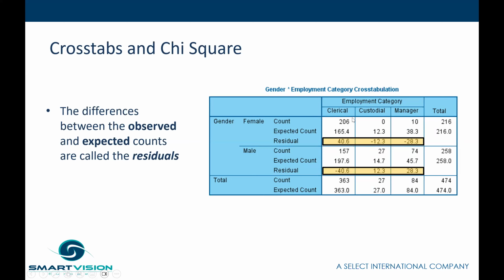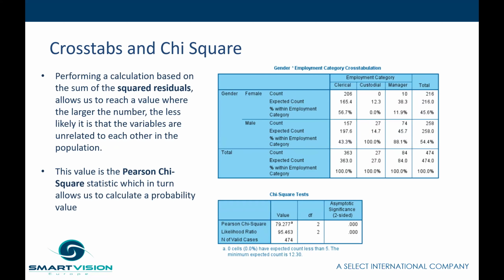So that's no good. What statisticians do is square the residuals. A value of -3 squared is 9. A value of -4 squared is 16. A value of 3 squared, 3 positive, is 9. A value of 4 squared is 16. So they square the residuals to stop that cancelling out effect.